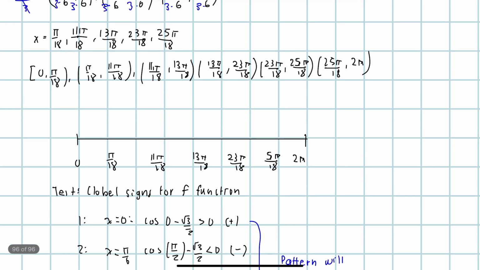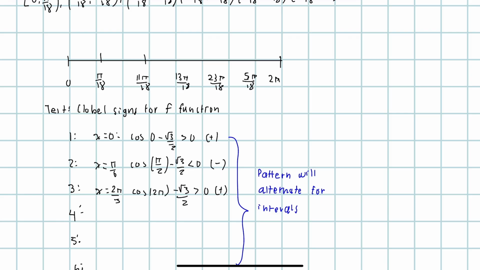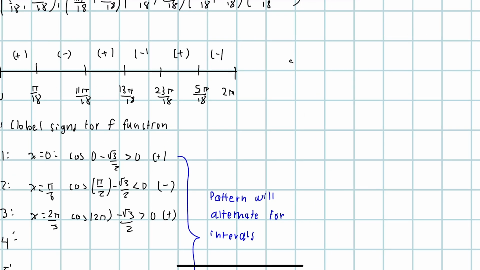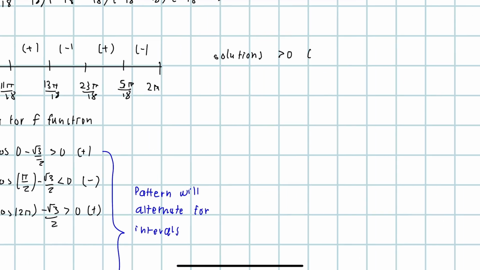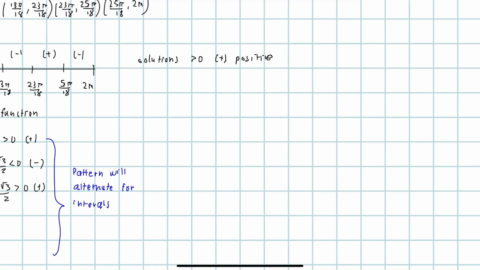Therefore we can write out the sign map. Starting off positive, negative, positive, negative, positive, negative. Great. So for our solutions, we want greater than 0, positive, and you want to keep them positive.